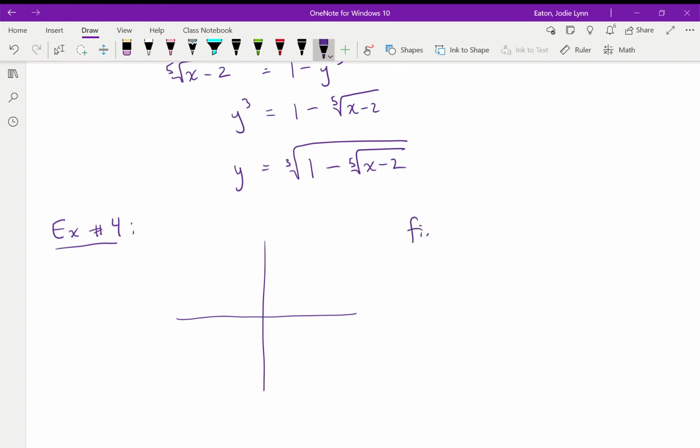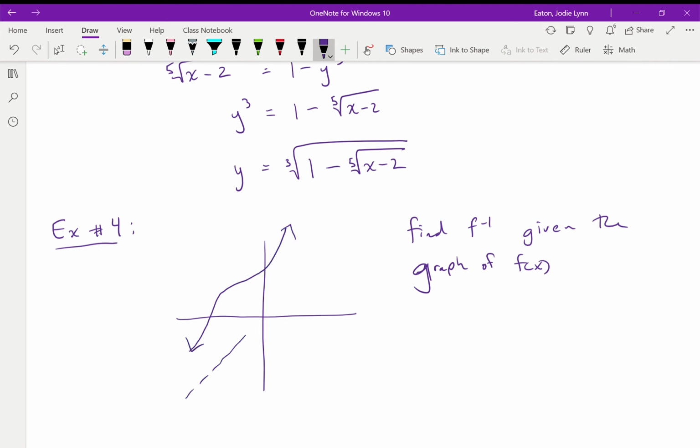So we're going to find f inverse given the graph of f of x. Okay, so let's say we have our f, and our f is a lovely function that comes up like that. So that is a lovely 1-to-1 function.